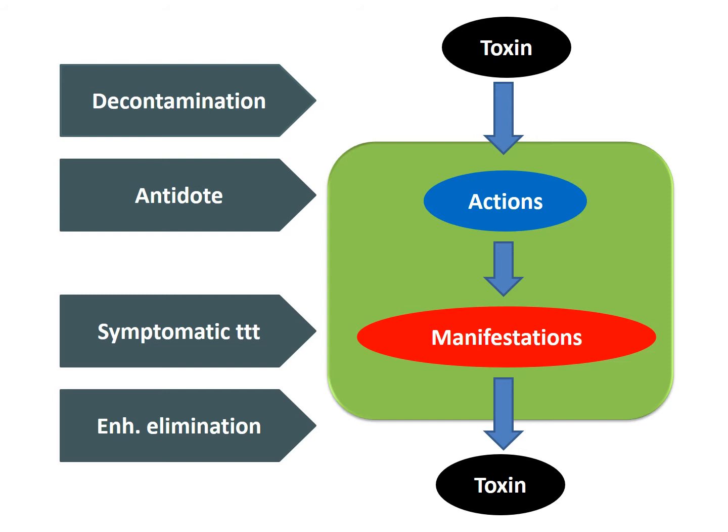How to interfere with this? First, you may try to prevent absorption, which is called decontamination. Try to prevent the toxin from entering the body. Or you may administer an antidote, a drug that may antagonize the action of the toxin.